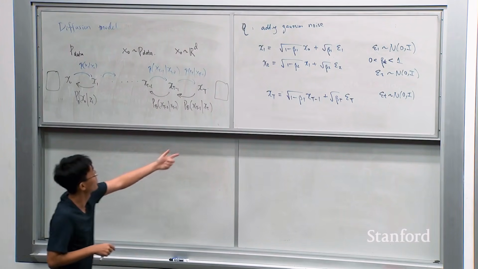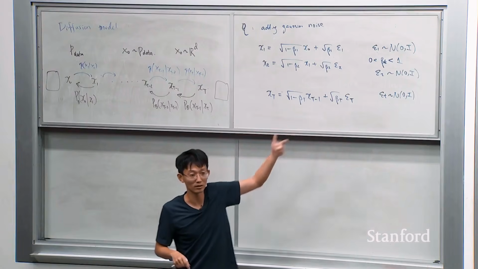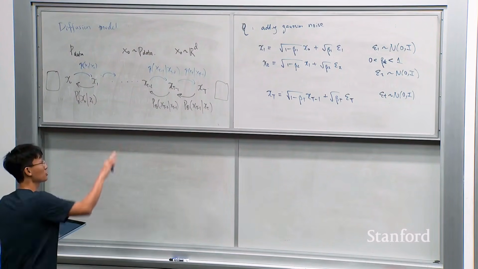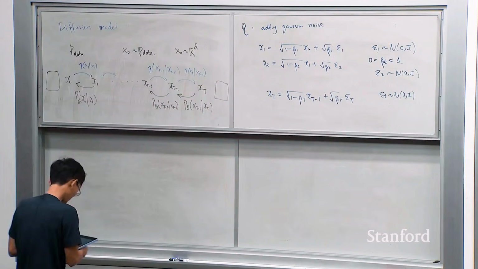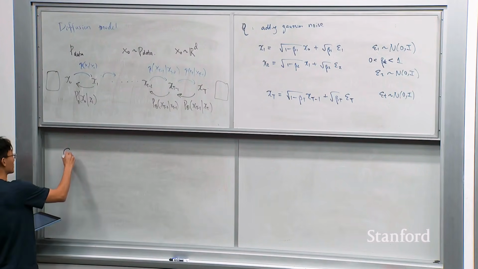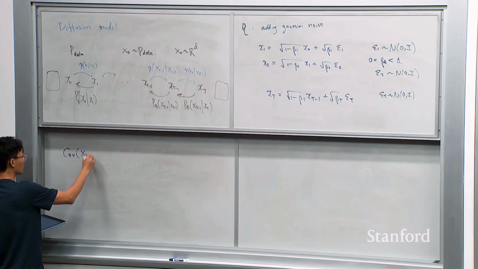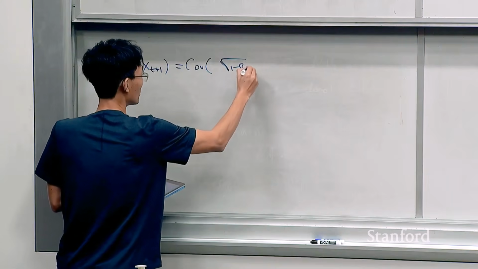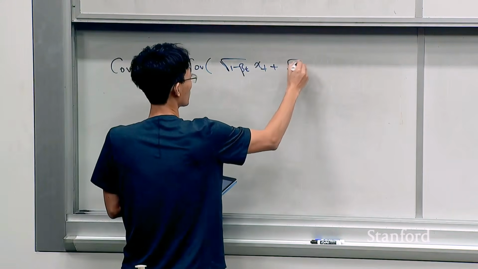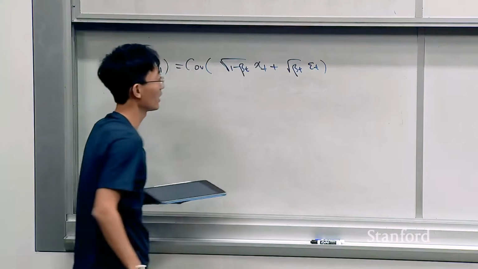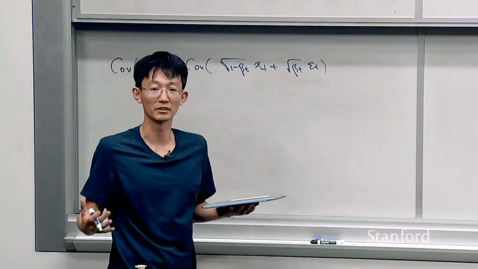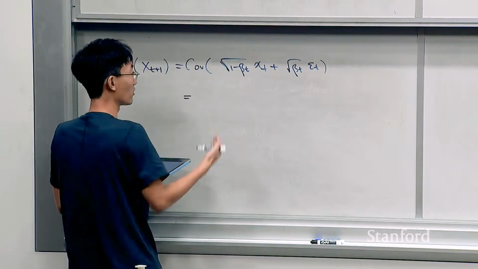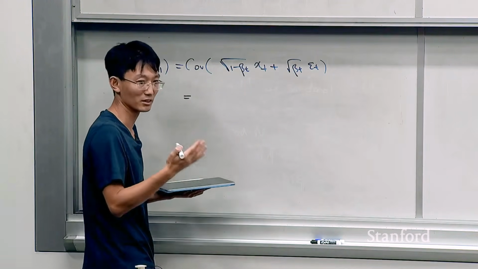So maybe some of you may wonder why we are choosing the coefficients in this way. The reason is that if you think about the covariance of xt plus 1, this is the covariance of square root of 1 minus beta t times xt plus square root beta t times epsilon t. Because the noise is an independent Gaussian noise, the covariance is additive.